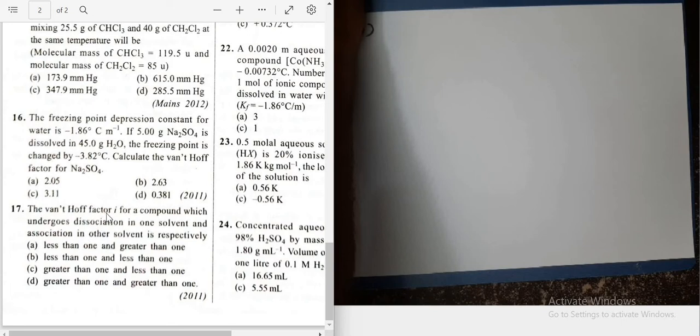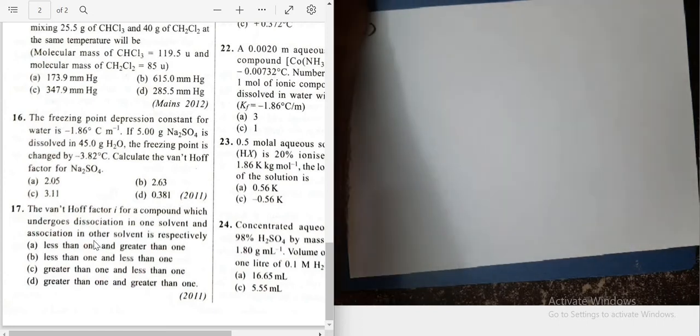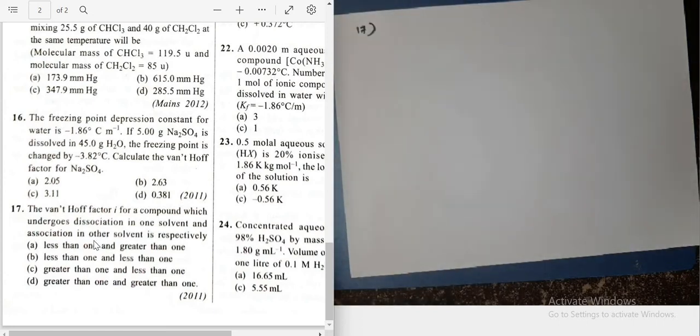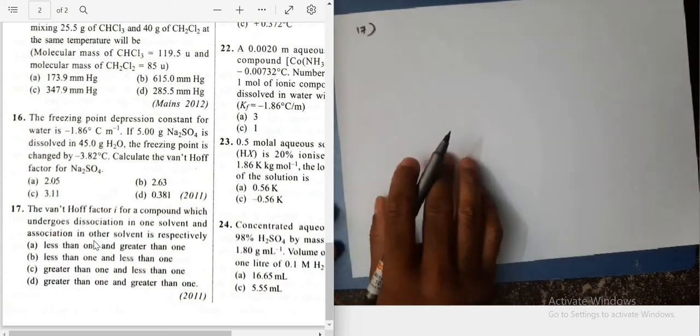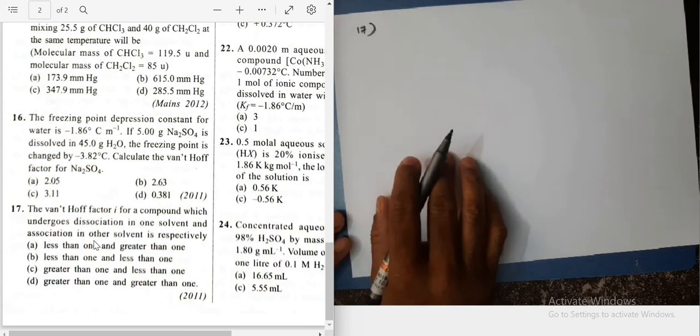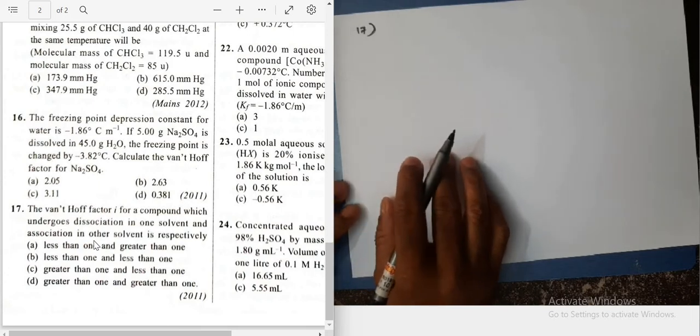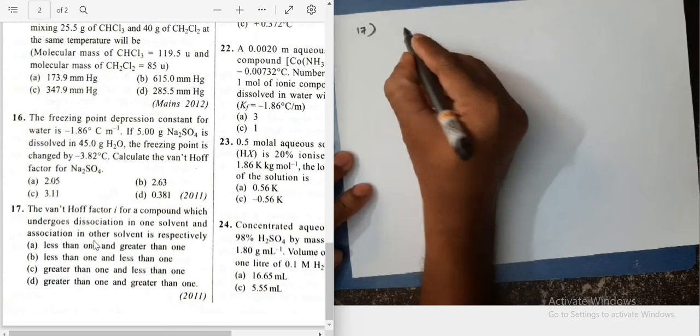What is the Van't Hoff factor value if it undergoes dissociation or association? Can you tell me the answer? Option C, sir. Yeah, if it undergoes dissociation, it should be greater than 1. Yes, you are right. So you know very well.